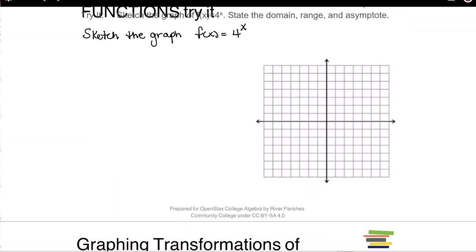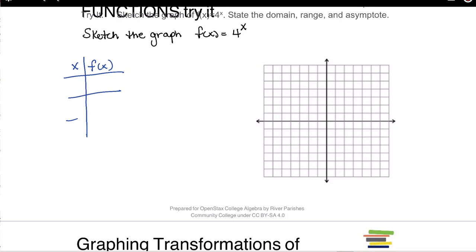So let's sketch the graph of f of x equals 4 to the x. We're just going to make a table of values, and we need 3 points, so one of them needs to be the y-intercept, so that's where x is 0. I'm going to use Desmos to help me out.